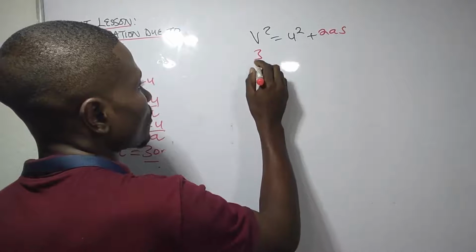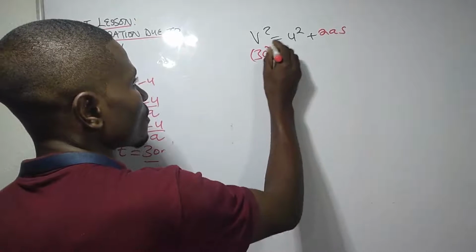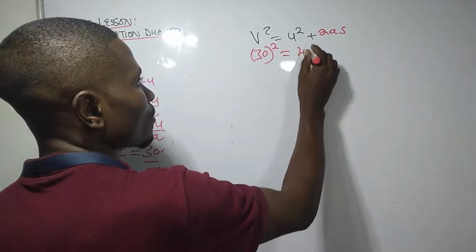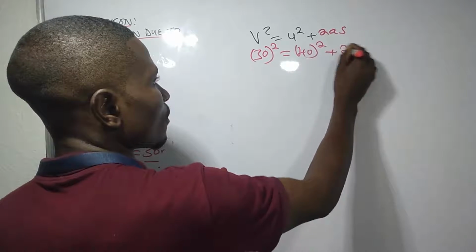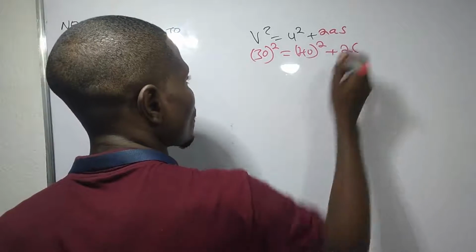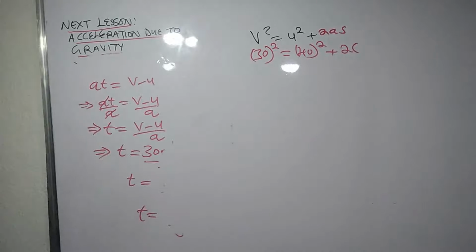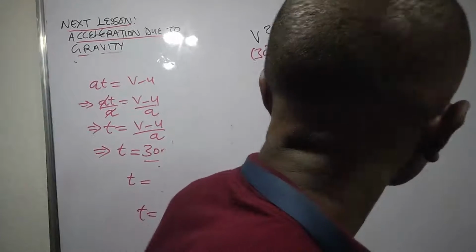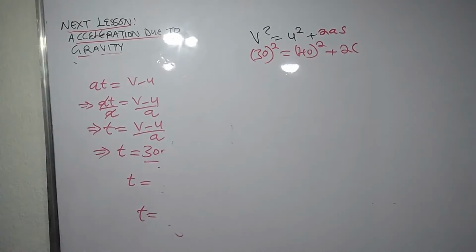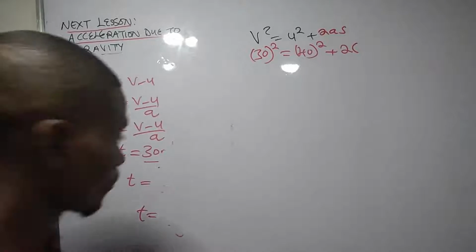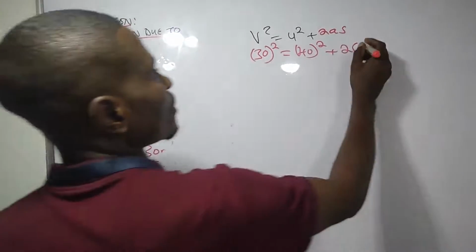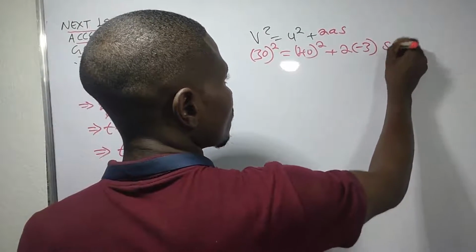Final velocity is 30, initial is 40, and the acceleration is -3.